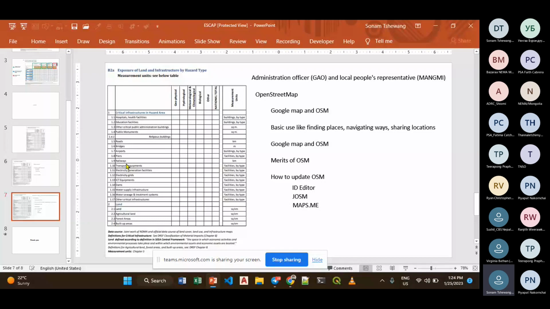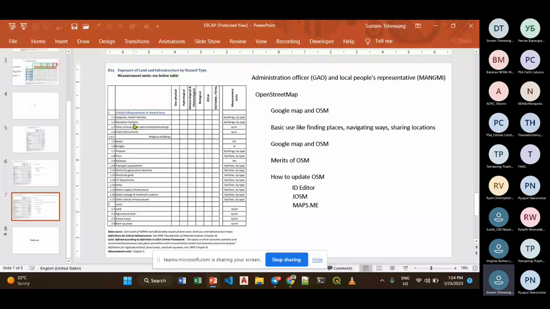We train the administration officer and local representative on the use of maps like Google Map and OpenStreetMap, the merits of OpenStreetMap, and train them how to update OpenStreetMap with critical infrastructure. All this data can be open, and even if you don't update it, someone else can.